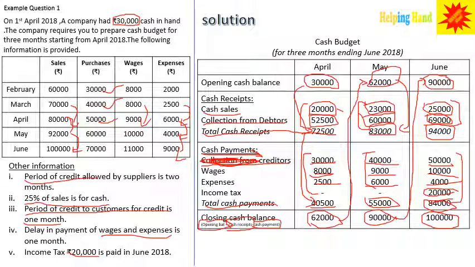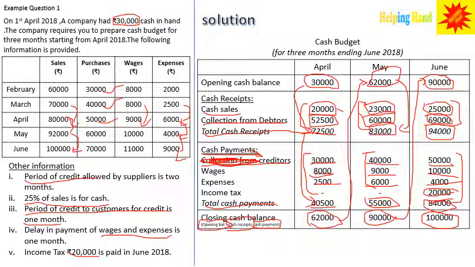So when we have a negative closing cash balance, this means that we are supposed to avail an overdraft facility or any other credit facility. So better to go for overdraft facility. Usually the question says overdraft, so we shall write a statement saying that the so and so amount whichever we have derived, that amount to be taken on overdraft.